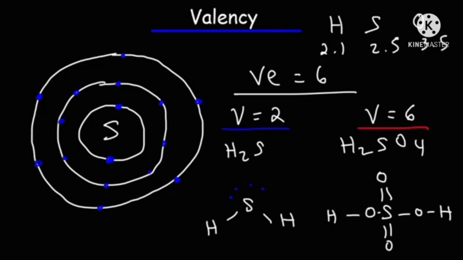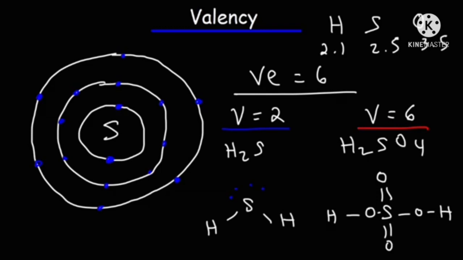Like this, my dear children, variable valency happens in some elements. Whenever variable valency happens, in one case it will have a low valency number, in another case a high valency number.